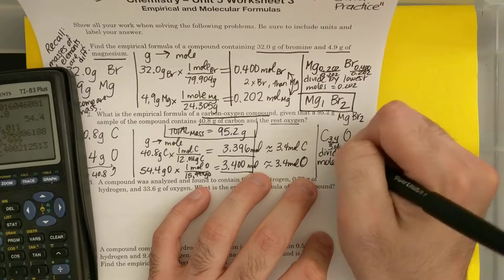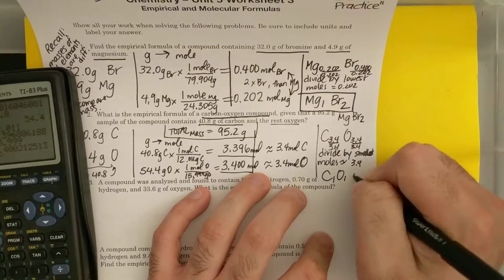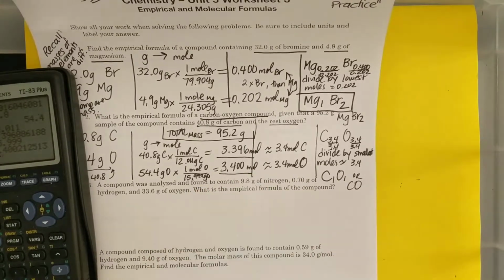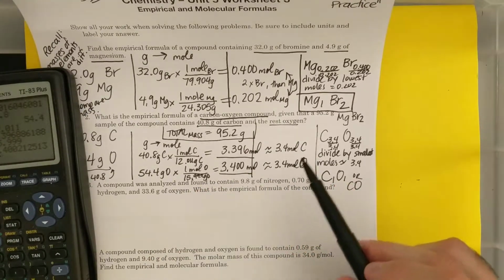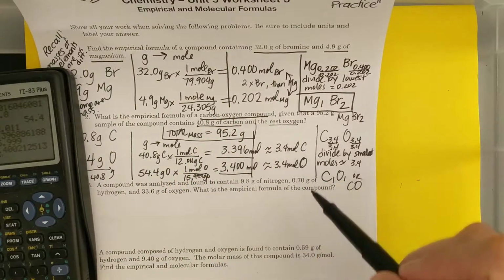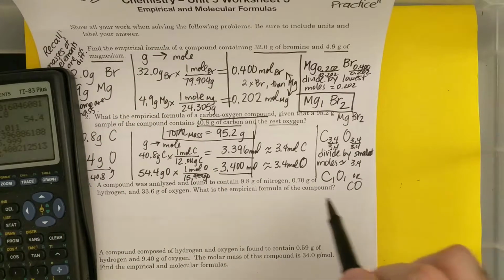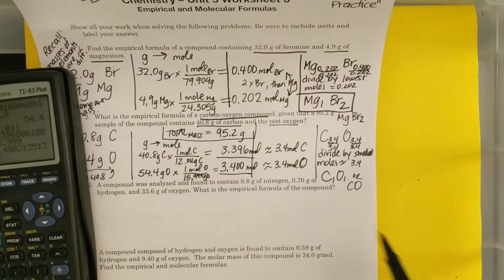So if I divide both by 3.4, I get C1O1 or CO. And that matches that I have a 1-to-1 ratio here. For every 3.4 moles of carbon, I should have 3.4 moles of oxygen. So I needed a formula that had equal moles of carbon and oxygen, and that is CO.